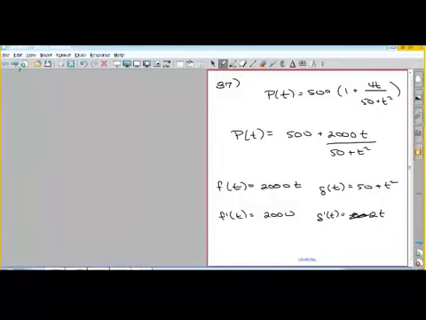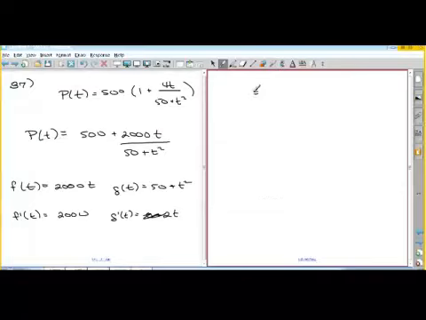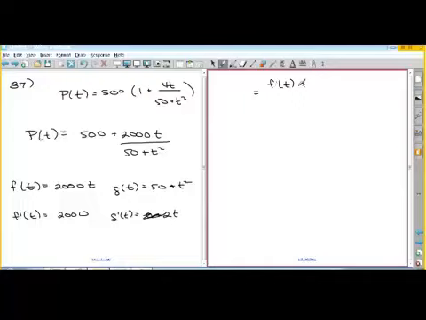Remember what the quotient rule is. I always forget which one it is. I think it's f prime of t times g of t minus, and then we switch them, g prime of t times f of t, all divided by g of t quantity squared.